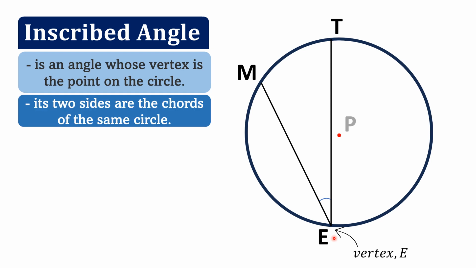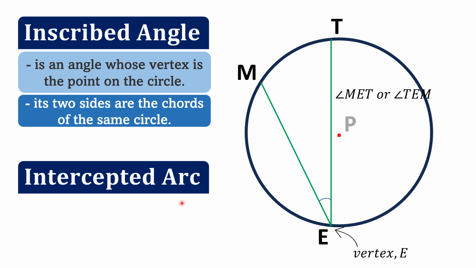Therefore, angle MET is an inscribed angle. Another description of an inscribed angle is that its two sides are chords of the same circle, which in this example are segment ME or EM and segment TE or segment ET.